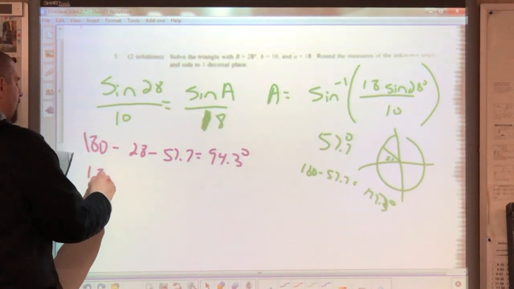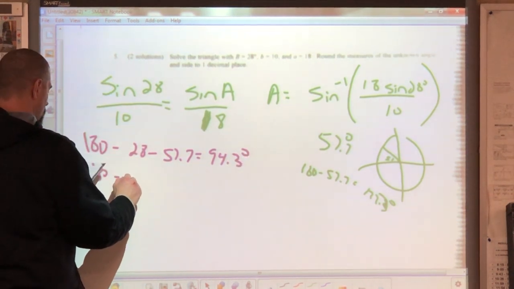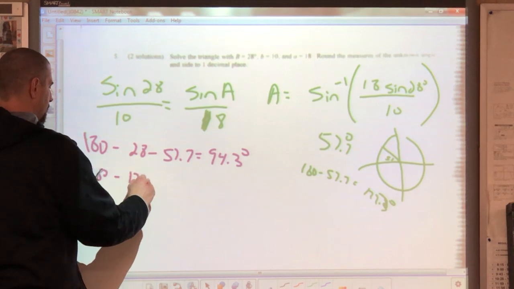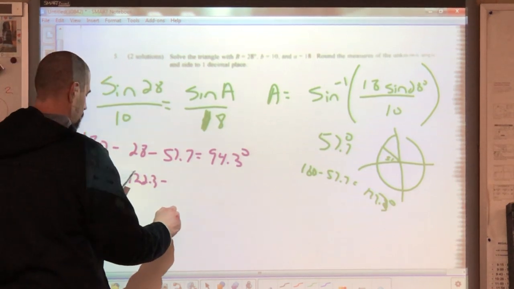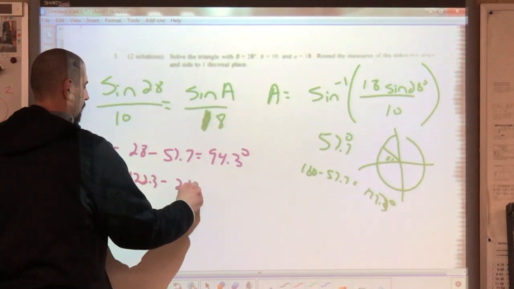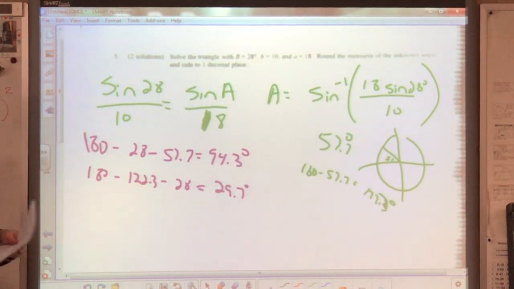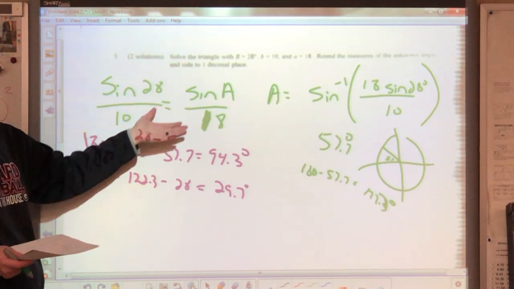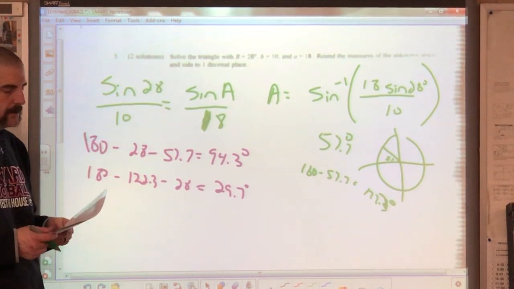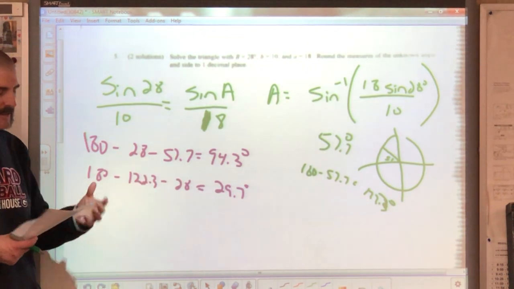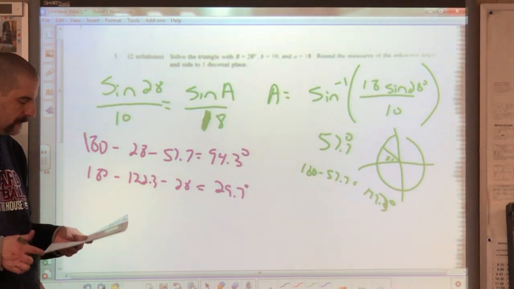Then we're going to take 180 minus 122.3 minus 28 equals 29.7. So I have two possible triangles. And from here, you can solve them by using the law of sines still. If you look in the notes packet, I did include all that, of how to solve that.